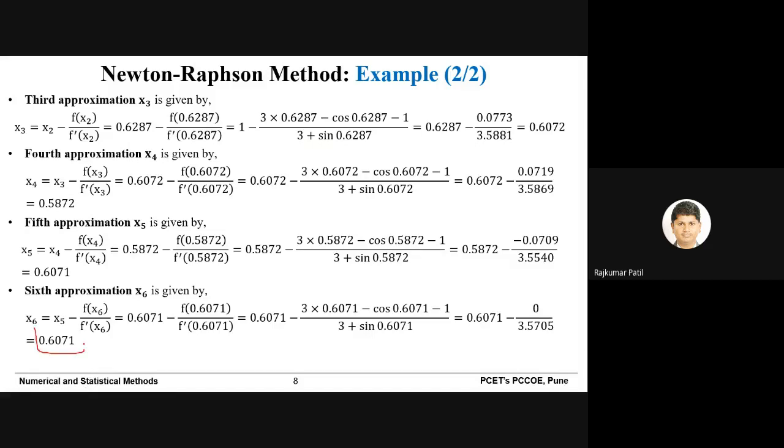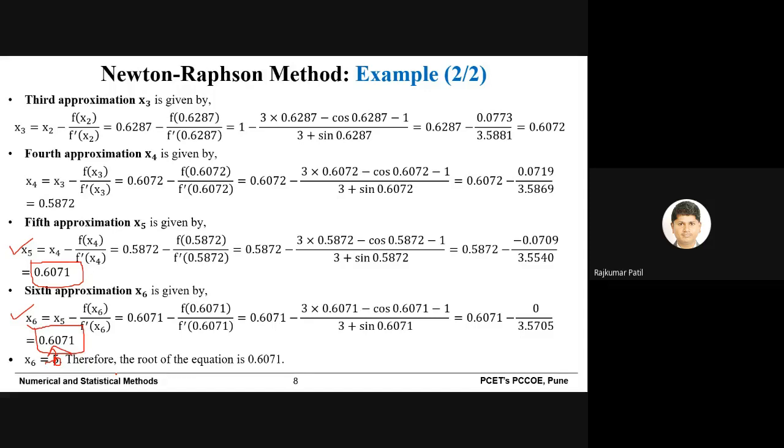Until you get the same value of x for two successive iterations. So you can see x5 and x6 have the same values up to 4 decimal places. So we can say that the root of the equation is 0.6071. This is the root of the equation.